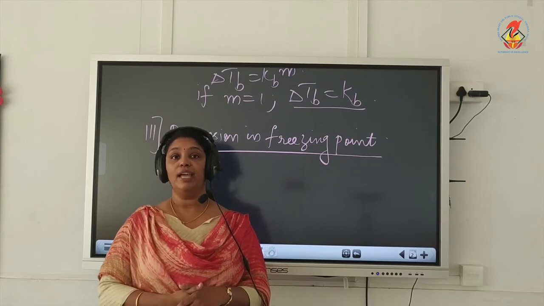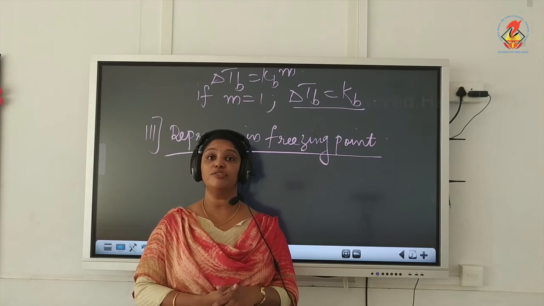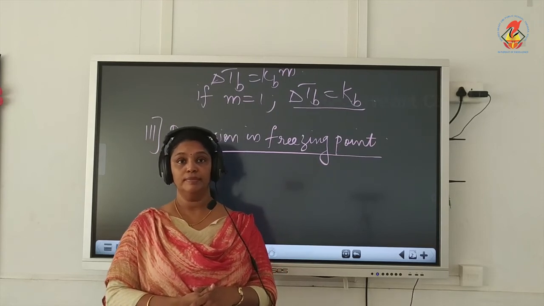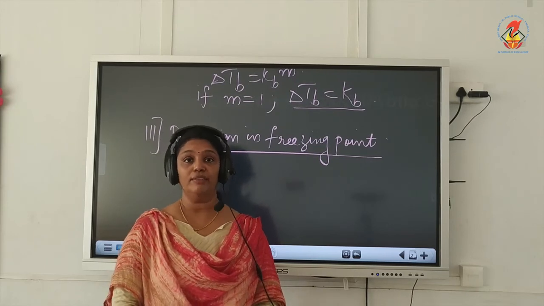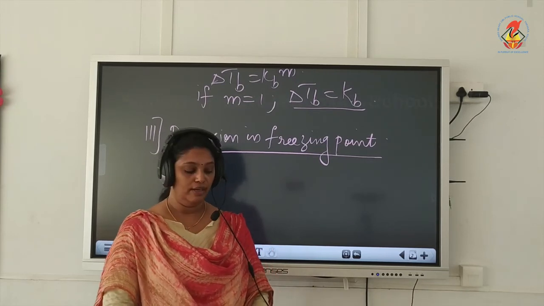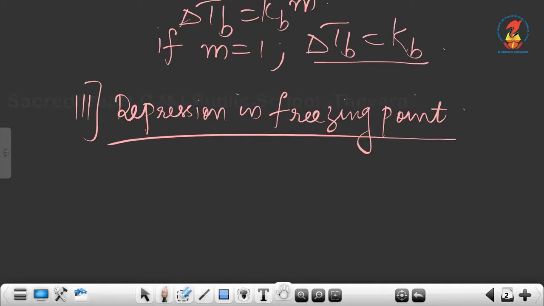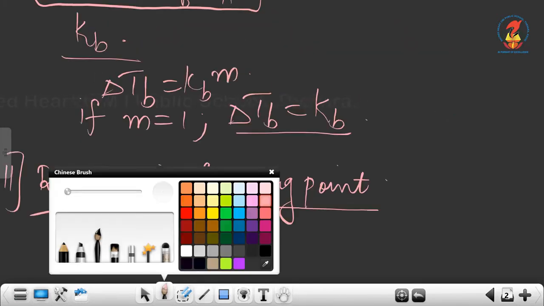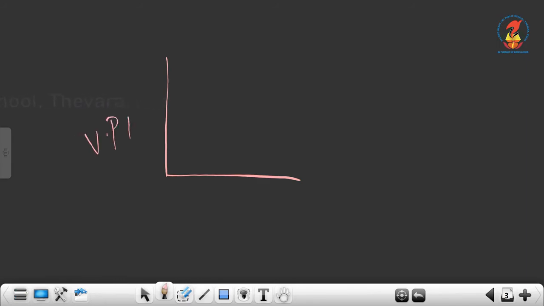Now we have to get an expression to find the molecular mass of solute from depression in freezing point. For that we have to plot a graph. Now the graph. This is vapor pressure.